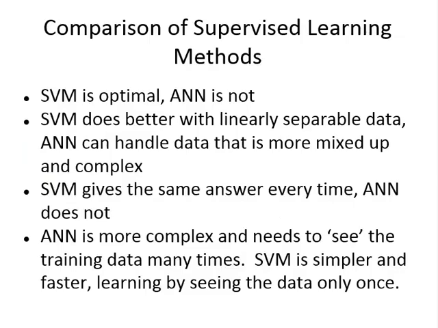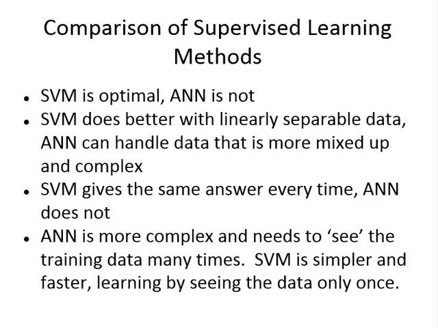class. Let's take a look at the differences between the SVM, Support Vector Machine method, and the ANN, Artificial Neural Network method. The Support Vector Machine is optimal in the sense that it finds the best line in between the two classes. Artificial Neural Network is not optimal.